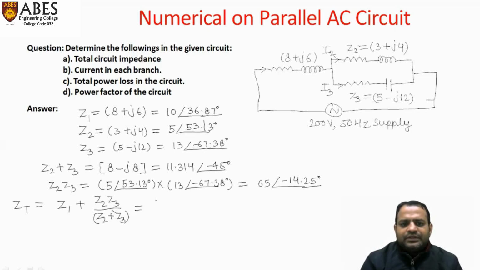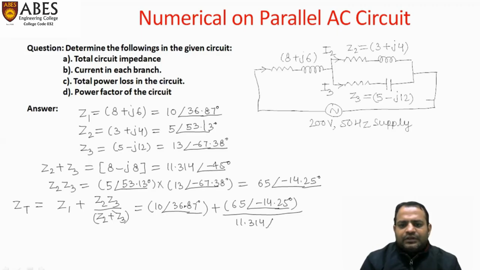So put all the values. 10 angle 36.87 degree plus 65 angle minus 14.25, which is Z2 Z3 multiplication, upon Z2 plus Z3, 11.314 at an angle minus 45 degree.